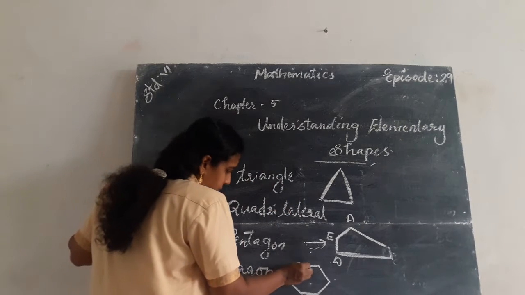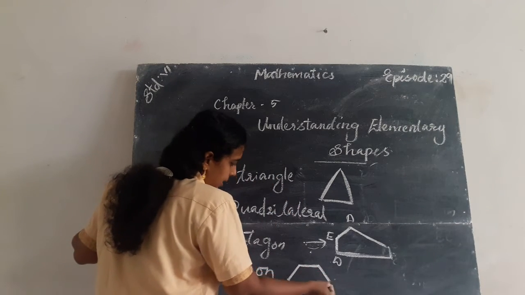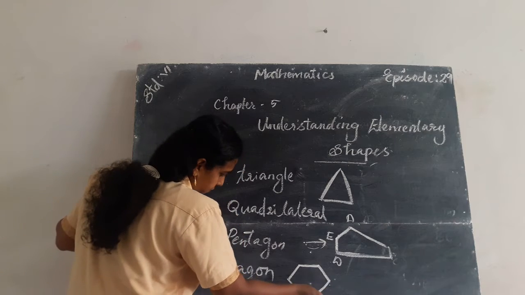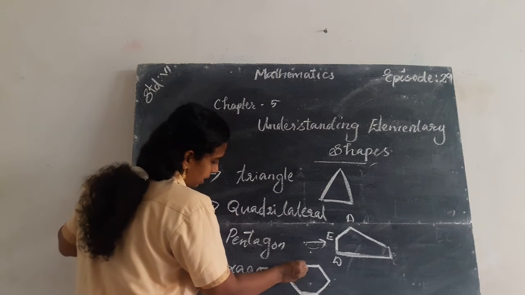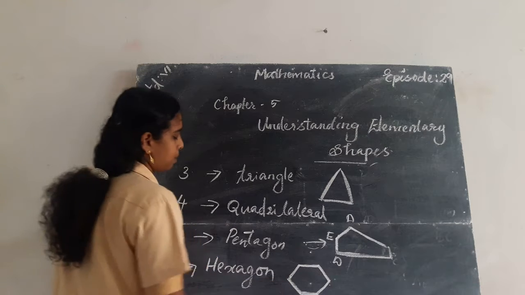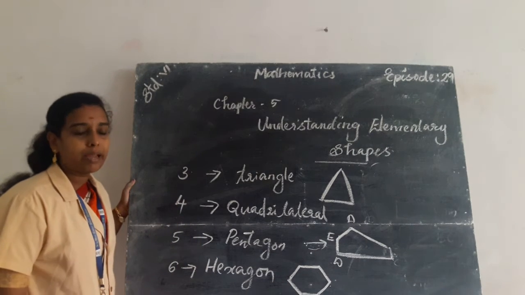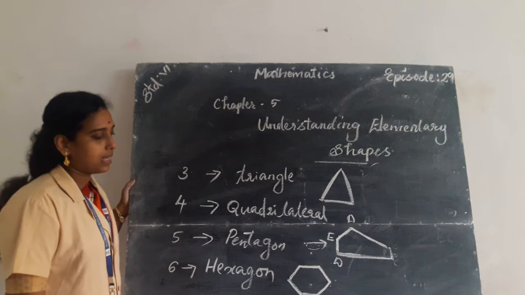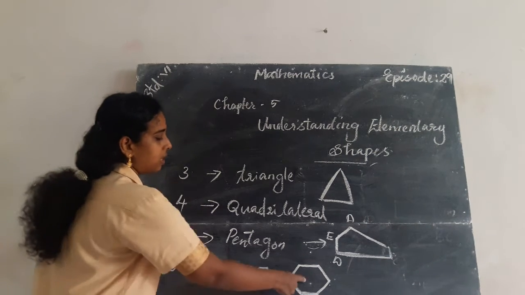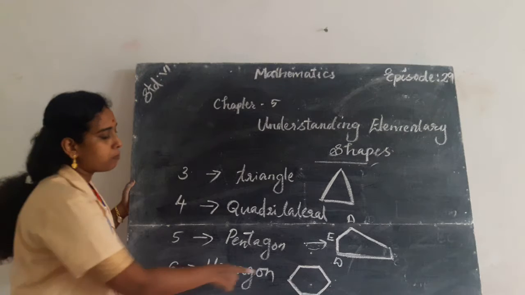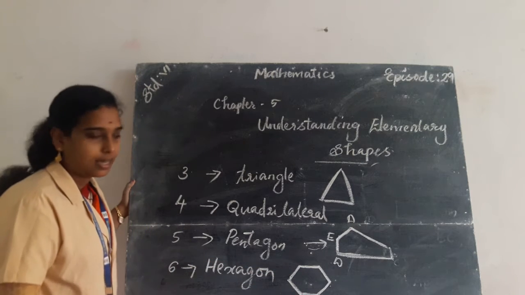First side, second side, third side, fourth side, fifth and sixth. So this is a polygon with 6 sides and all the sides are entirely made up with line segments. This type of polygon is a hexagon.